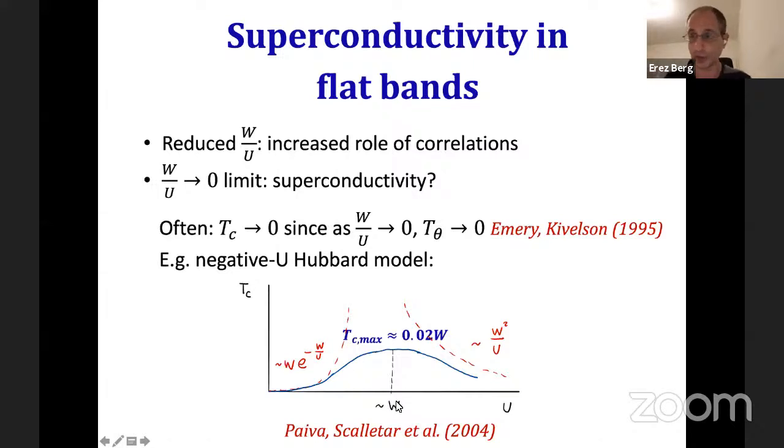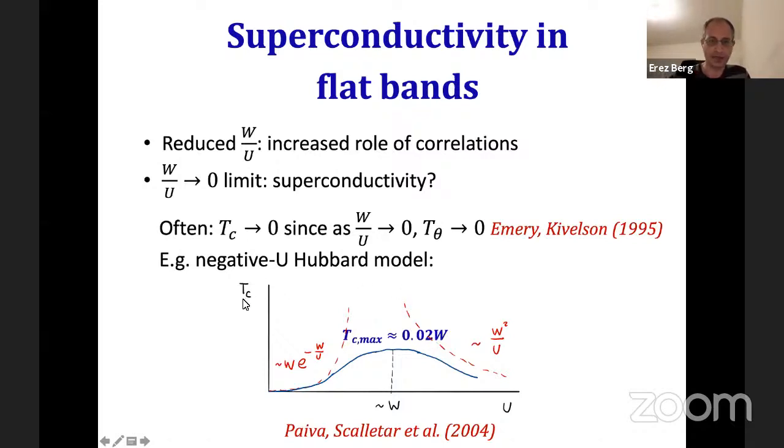If you optimize Tc, since there are no other parameters in the problem, Tc is of the order of the bandwidth. There's no other scale, once you optimize over U. From quantum Monte Carlo calculations, the maximum Tc you get in a 2D square lattice is this number times W. It's some dimensionless number, which happens to be quite small, but that's just a number.